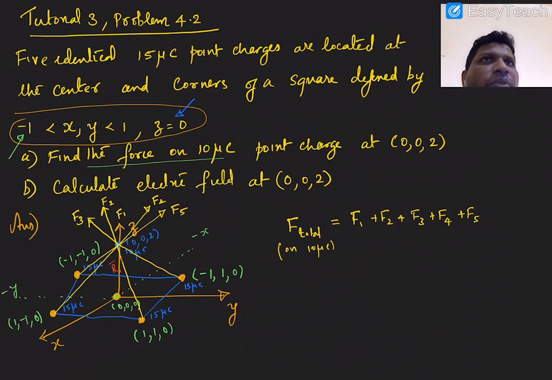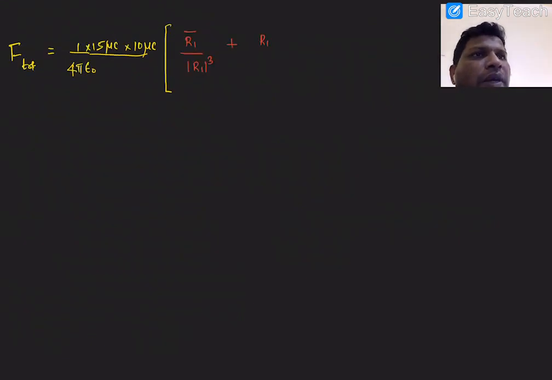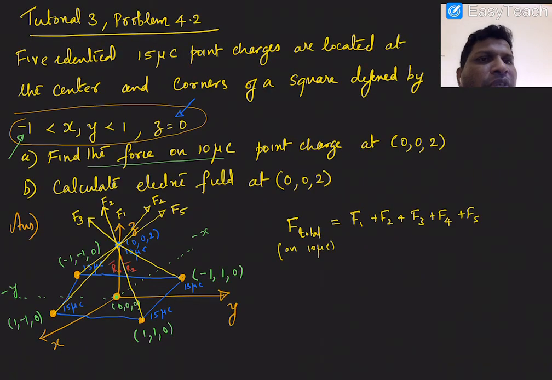from the second one. What is the second one? The second force is from 1 1 0 to 0 0 2. So this is the vector which is from 1 1 0 to 0 0 2. So it is R2 divided by the magnitude of R2 the whole cube, plus then for the force F3, you can say this is your R3.